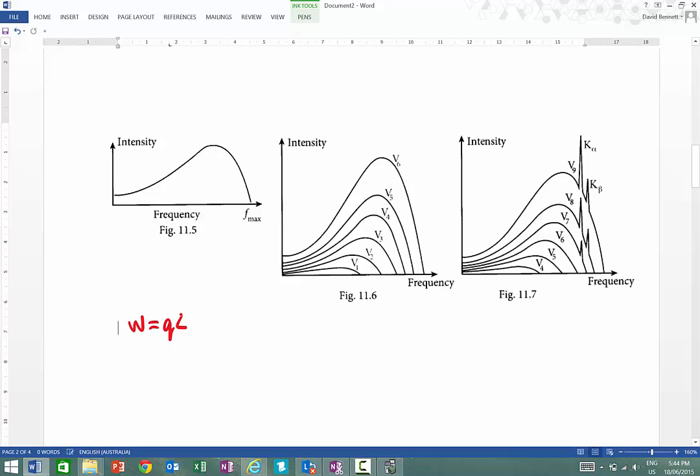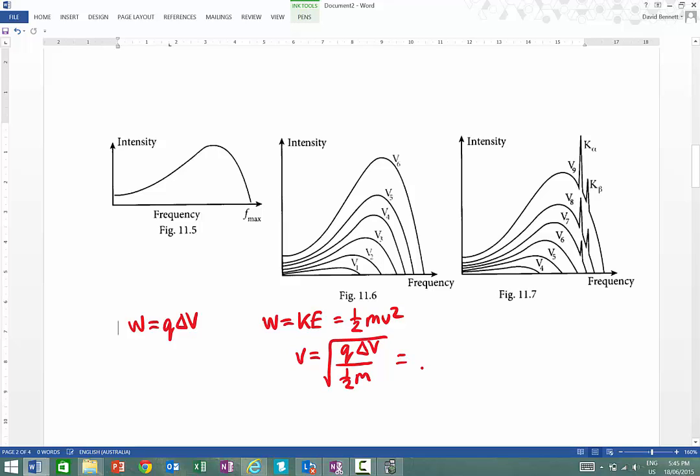Now, going back to just some formula stuff, we know that the work done is equal to QΔV, which is the potential difference that you're accelerating the electrons across. We know that work's also equal to kinetic energy, which is equal to 1/2 mv². So therefore the velocity is really going to be equal to QΔV, which is the kinetic energy, all over 1/2 of m, and you have to take the square root of that.